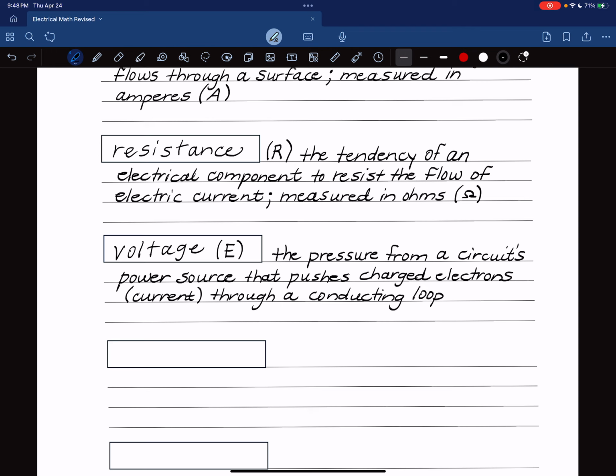So voltage is pushing that charge through a conducting loop. And voltage is measured in volts. And the symbol is capital V. Volts, capital V, voltage, capital E.